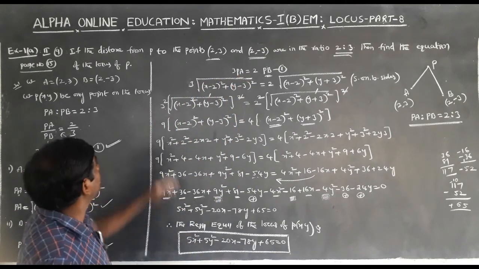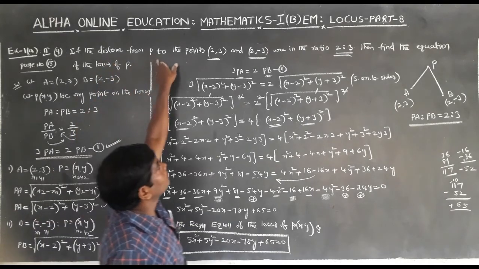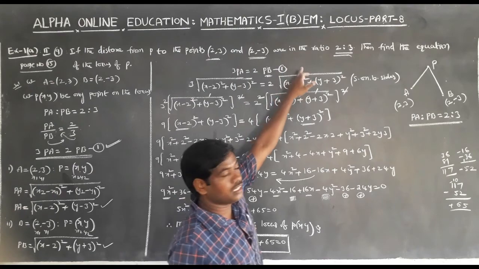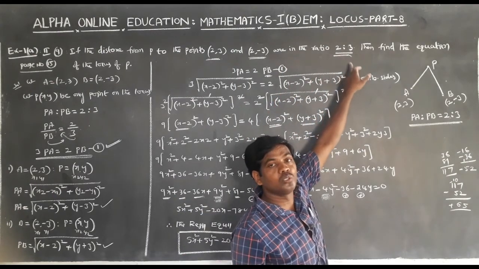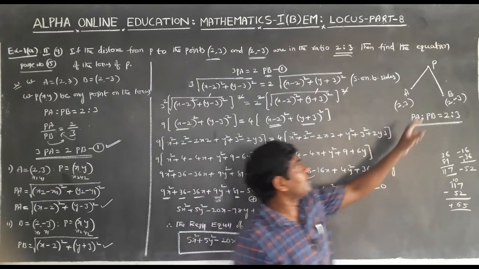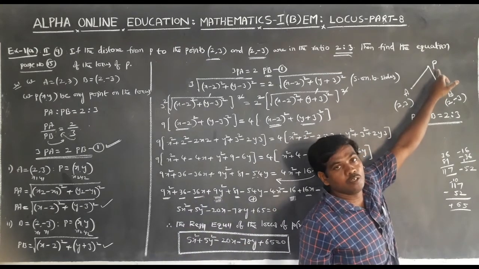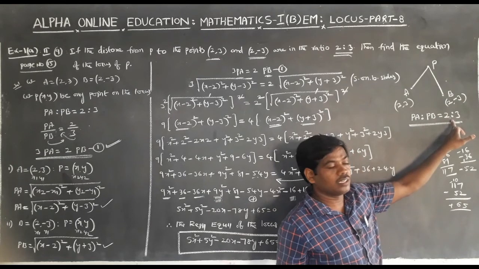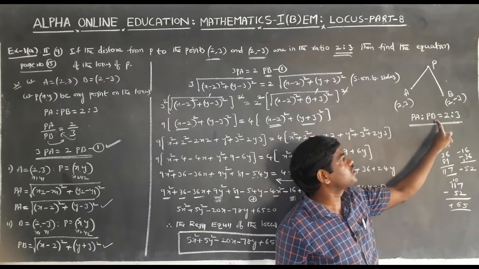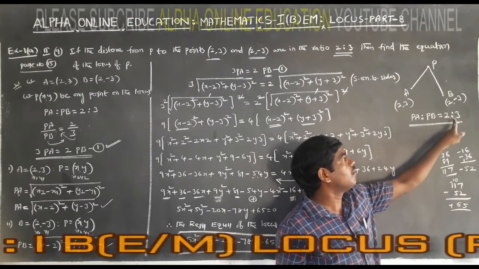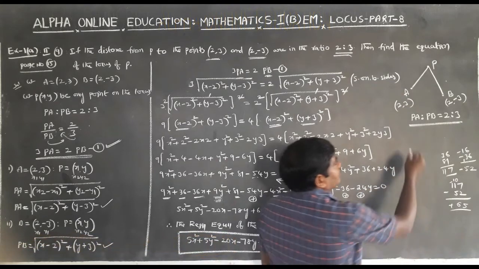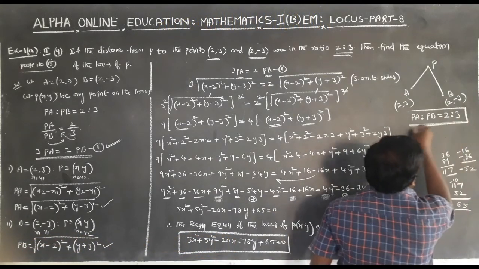Here carefully, the distances from P to (2, 3) and (2, −3) are in the ratio 2:3. Means the distances from P to A and P to B are in the ratio 2:3, that is PA:PB = 2:3. This is the given geometric condition.